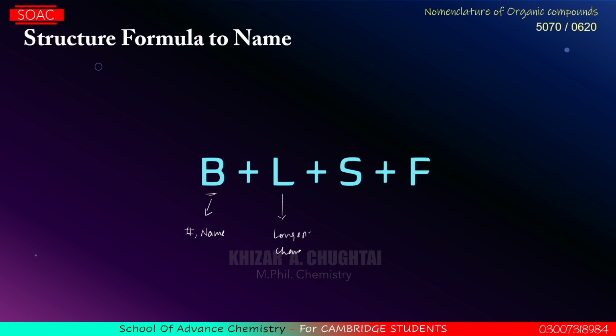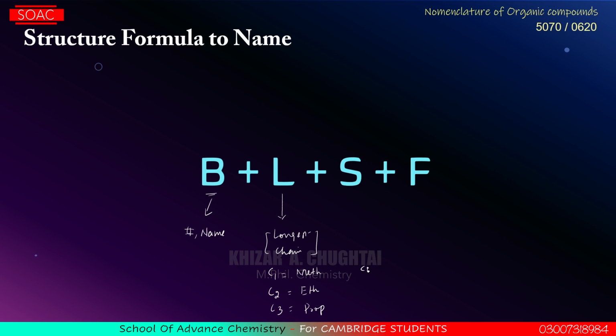For the longest chain, we write the name of the longest chain, and if there is 1 carbon atom, the longest chain starts from meth. If there are 2 carbons in the longest chain, then its name will start from eth. And if there are 3 carbon atoms, it will start from prop.